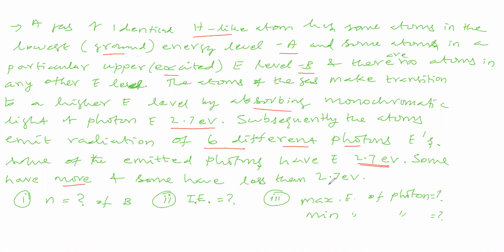And some have less than 2.7 electron volt. So more than 2.7, less than 2.7, and 2.7 are there.